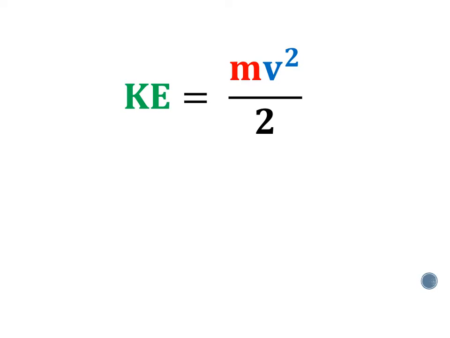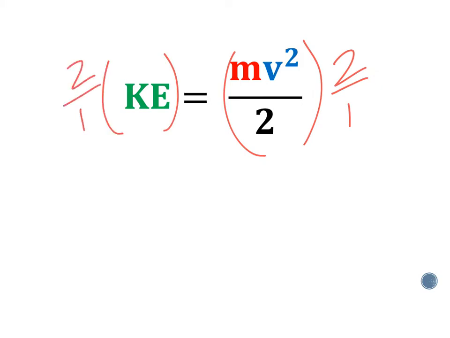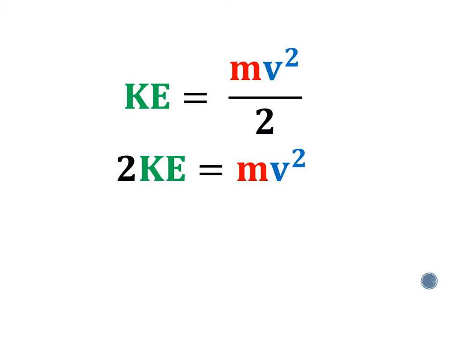So the very first thing you're going to do here is multiply this side by 2. And whatever you do over there, you have to do over here. So that cancels out the 2, and it basically moves it to the other side of the equation. So now we've got 2 times KE is equal to mass times velocity squared.